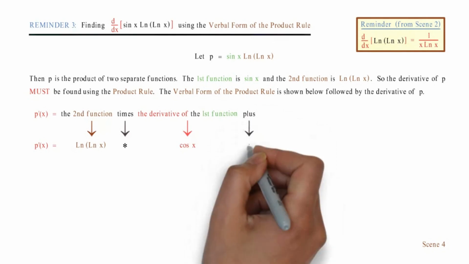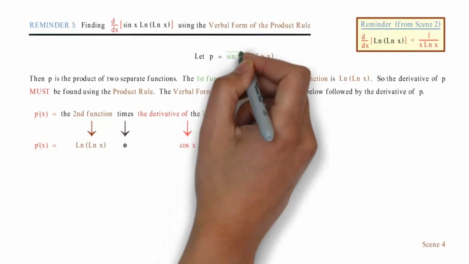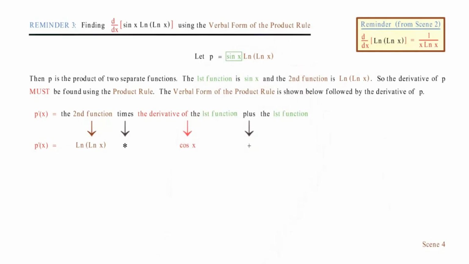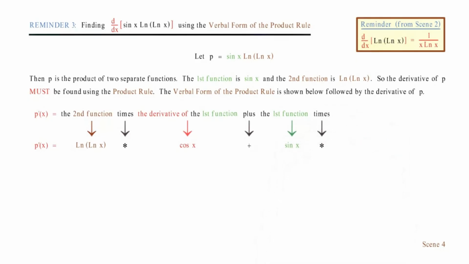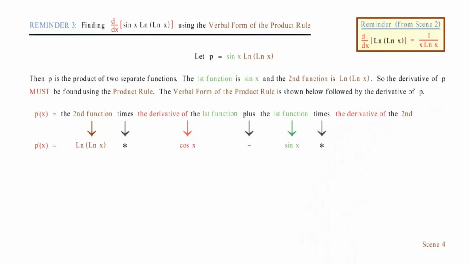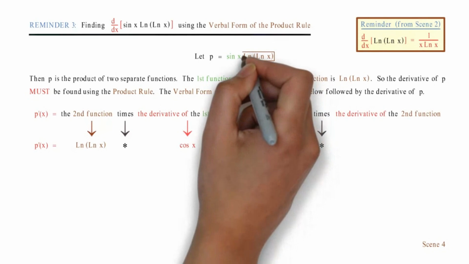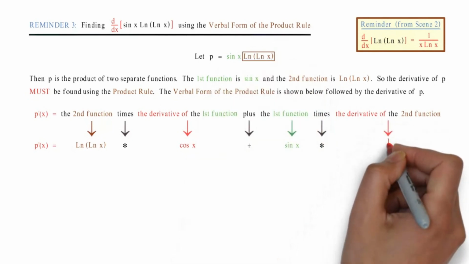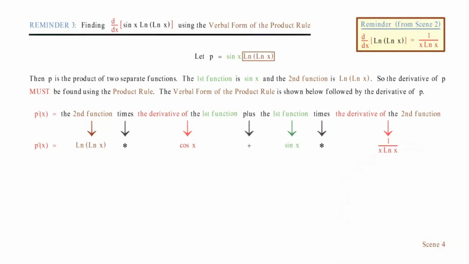Plus the first function, which is sine of x, so substitute sine of x times the derivative of the second function, which is the derivative of ln of x, which is 1 divided by x ln of x.